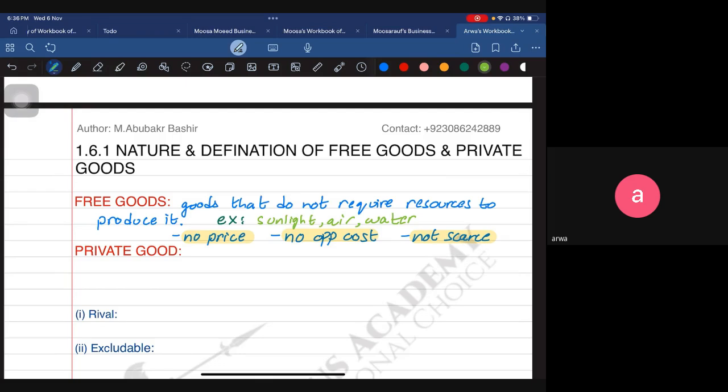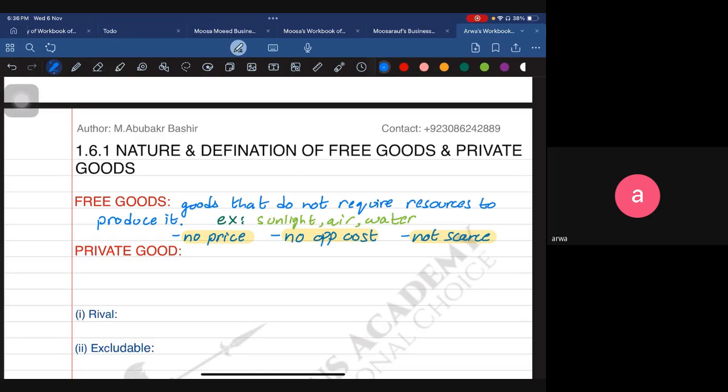Whereas when we talk about private goods, these are produced by private individuals in the private sector, and they will obviously be charged for, and they will be using scarce resources for their production.